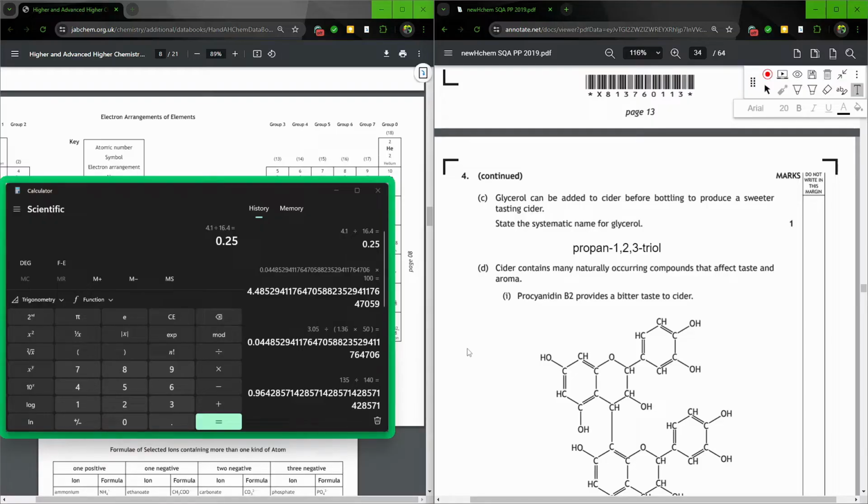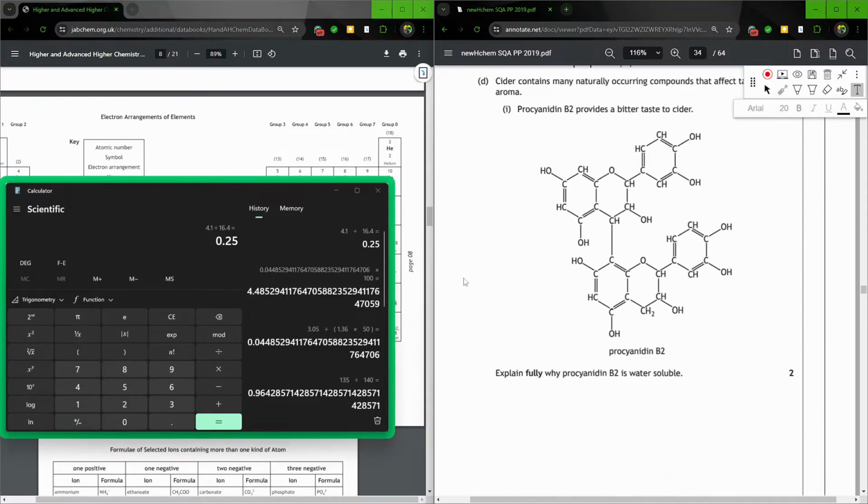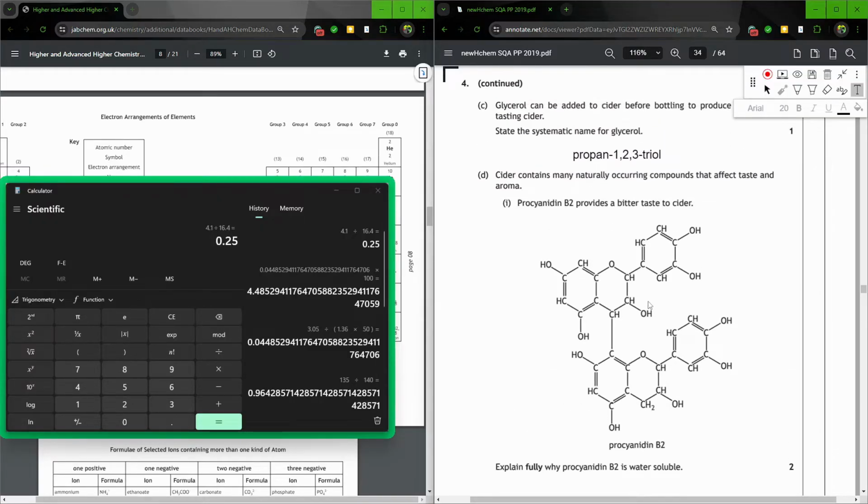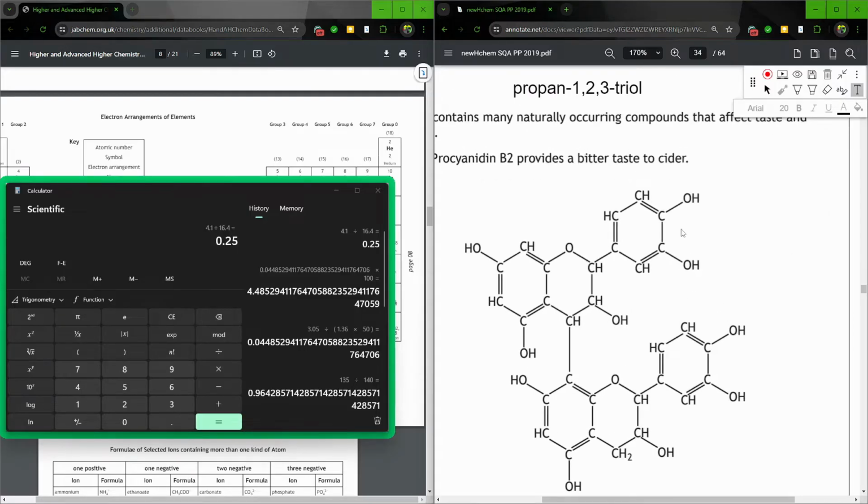Cider contains many naturally occurring compounds that affect taste and aroma. Procyanidin B2 provides a bitter taste to cider, because of this massive molecule here. Explain fully why procyanidin B2 is water soluble. There are two things that are good if you want to be water soluble: you want polar bonds or hydroxyl groups, so you're able to form hydrogen bonds.